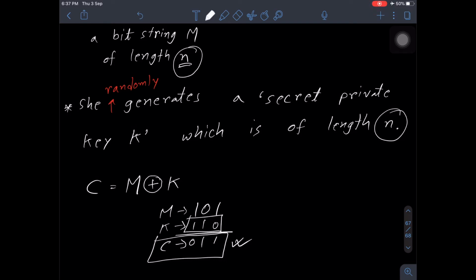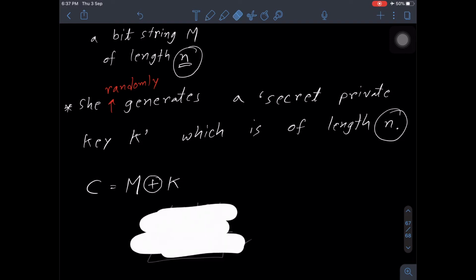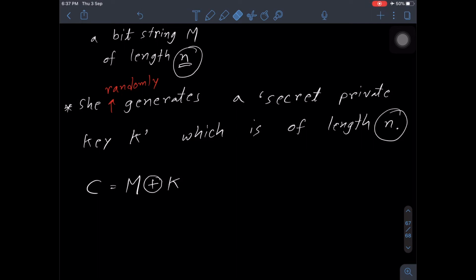If you don't know the private key, you cannot have any idea about M. If you just look at C, you cannot say anything about it. So that is how Alice encrypts her message.